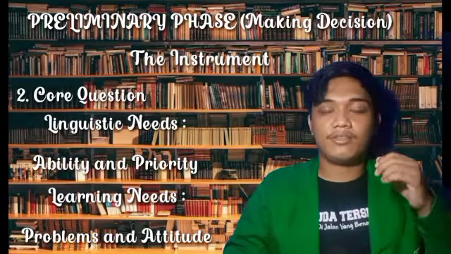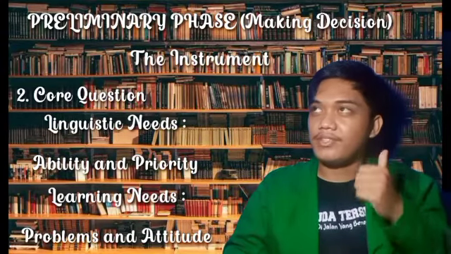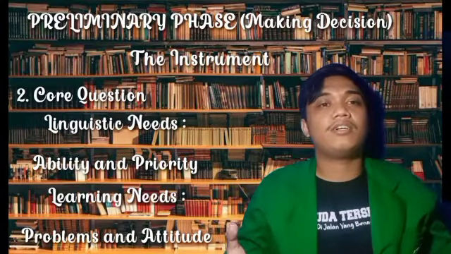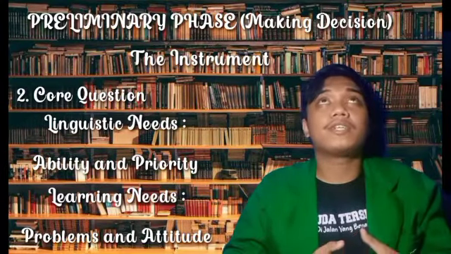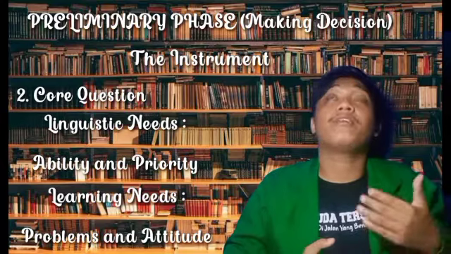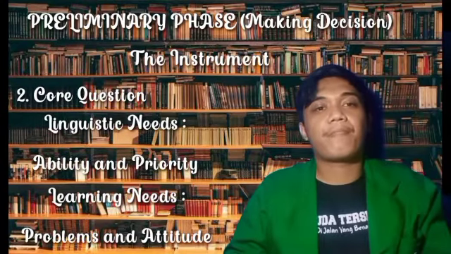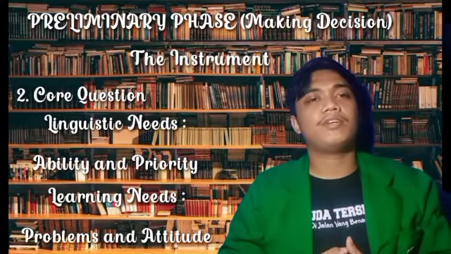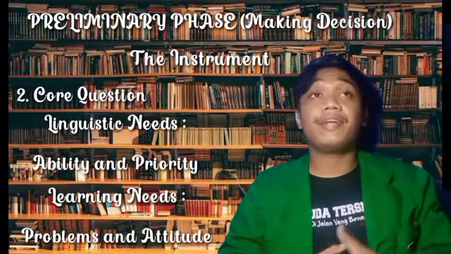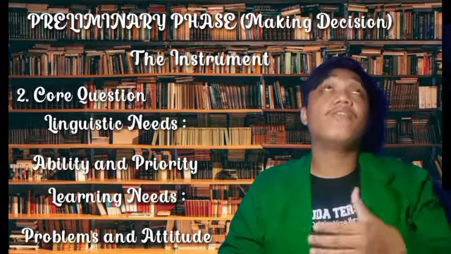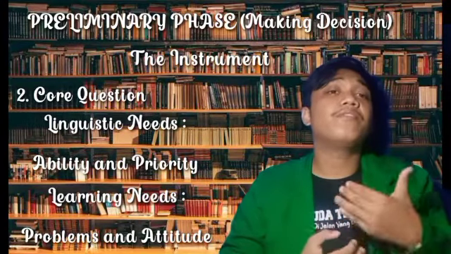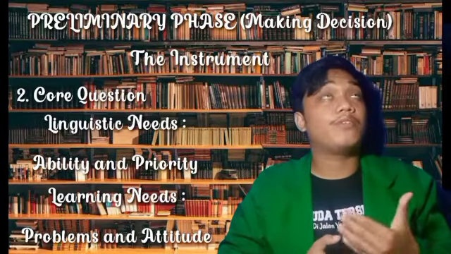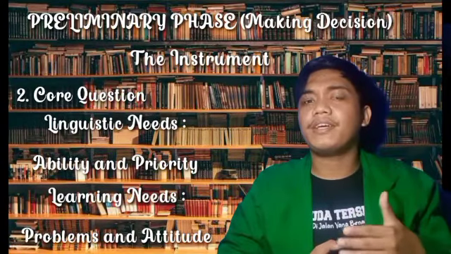So the core is linguistic needs and learning needs. Linguistic needs include the overview of the students' learning ability and also priority. And the students' learning needs include an overview of the students' learning problems and of the students' learning attitudes.